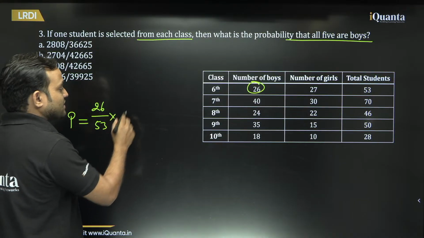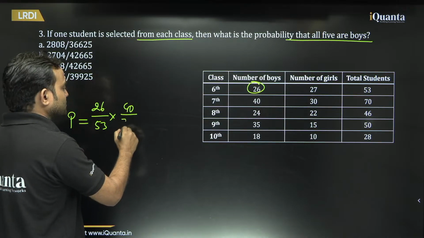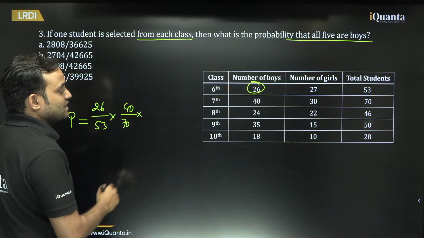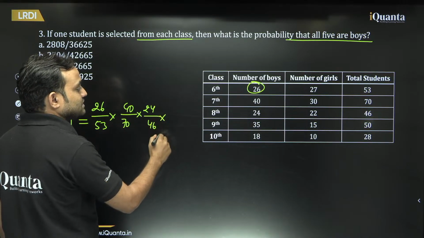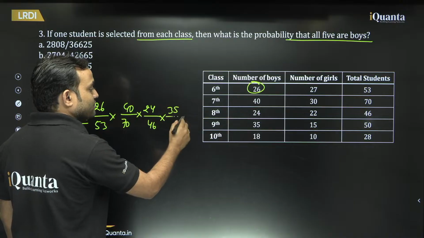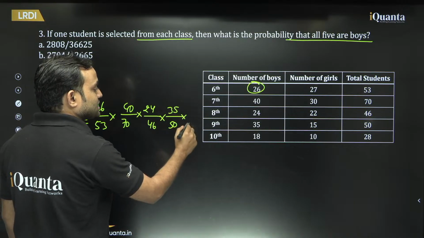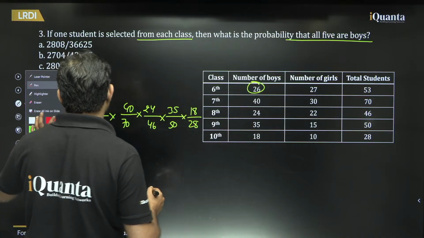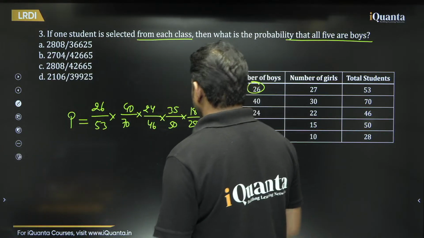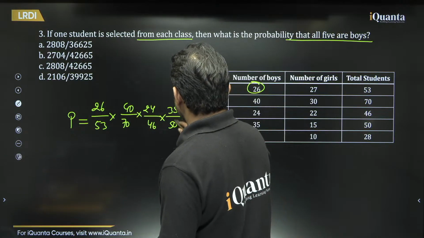In class 7th, it will be 40 upon 70. In class 8th, it will be 24 upon 46. Class 9, 35 upon 50. Class 10th, 18 upon 28. Now, if we solve this, what we can say?